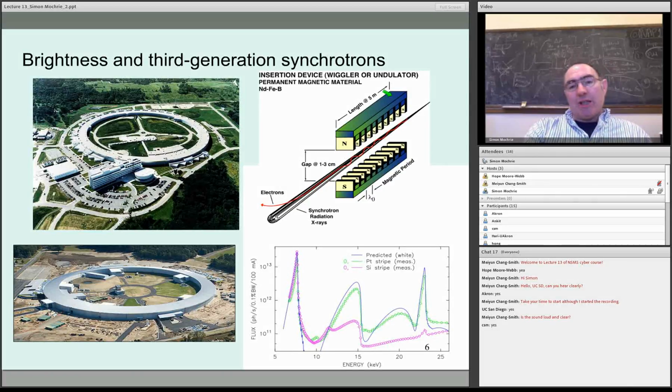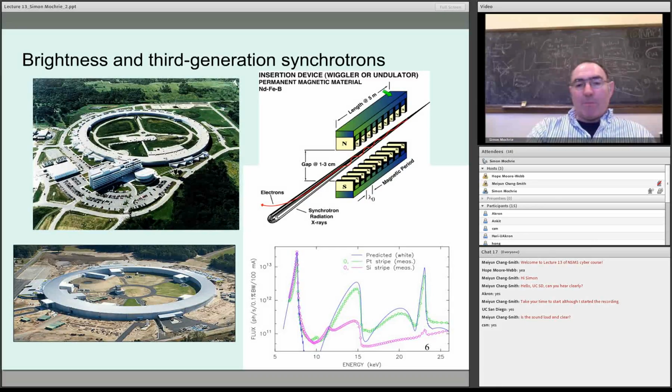So this undulator is a permanent magnet structure that undulates the beam back and forth. Maybe you can just about see the wiggles represented by this red line here. But the electron beam undulates back and forth and creates a very intense X-ray beam.